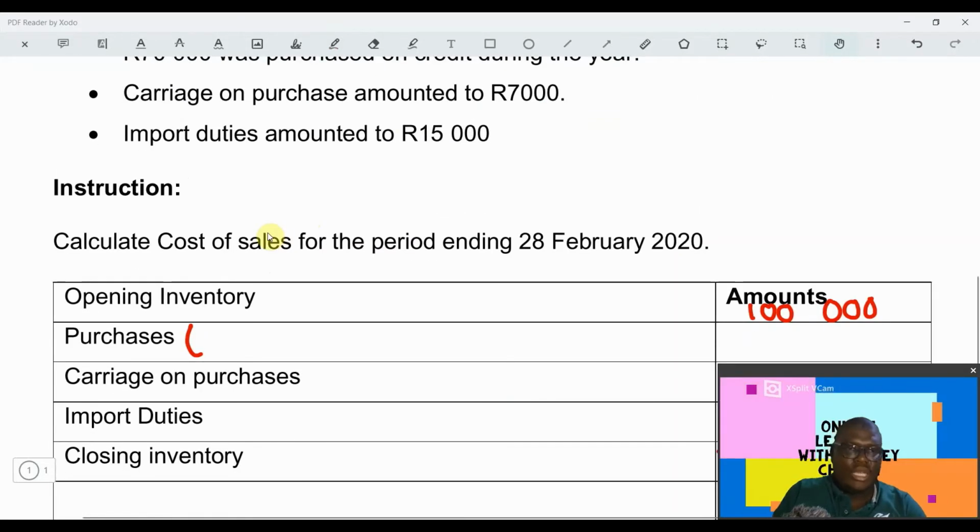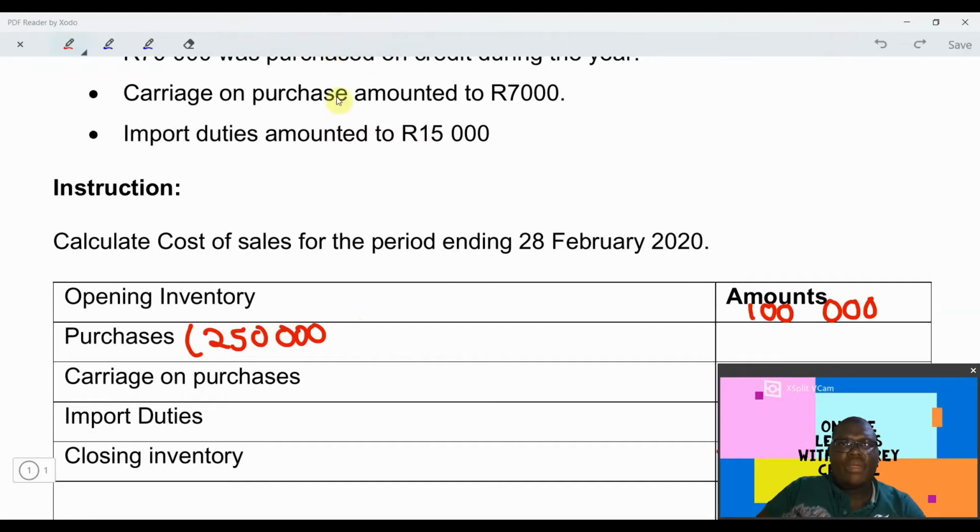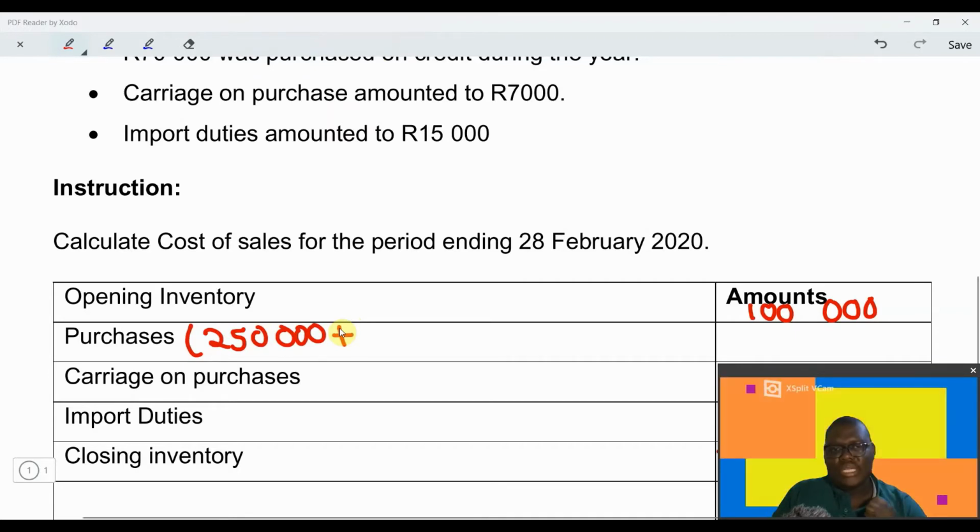So here you're going to open a bracket like I did and say 250,000, and then you say plus. Maybe let me erase this so that it can be clear. You're going to say plus because our purchases are supposed to increase, and we know that it's 250,000 plus a particular amount of the purchases that were also made on credit.